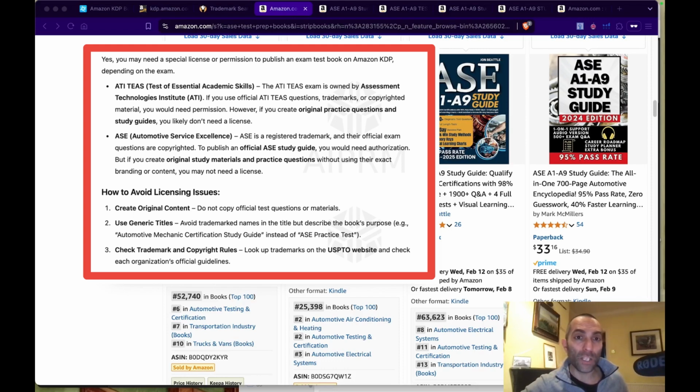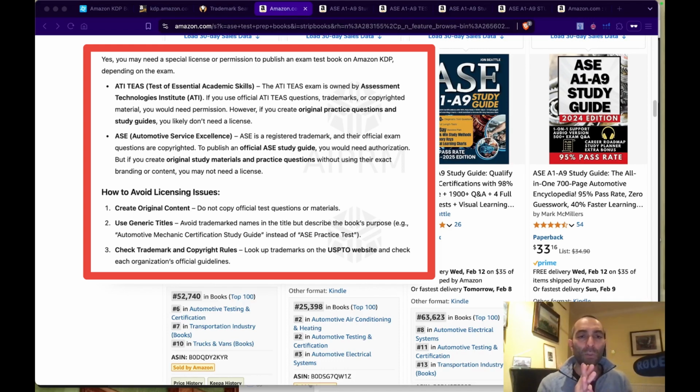Now, those two keywords that I put in, Test of Essential Academic Skills, is owned by Assessment Technology Institute, ATI. And if you use official ATI questions, trademark, or copyright material, you will need a permission. However, if you create original practice questions and study guides, you likely don't need a permission. So there's some gray area there, if you know what I mean.